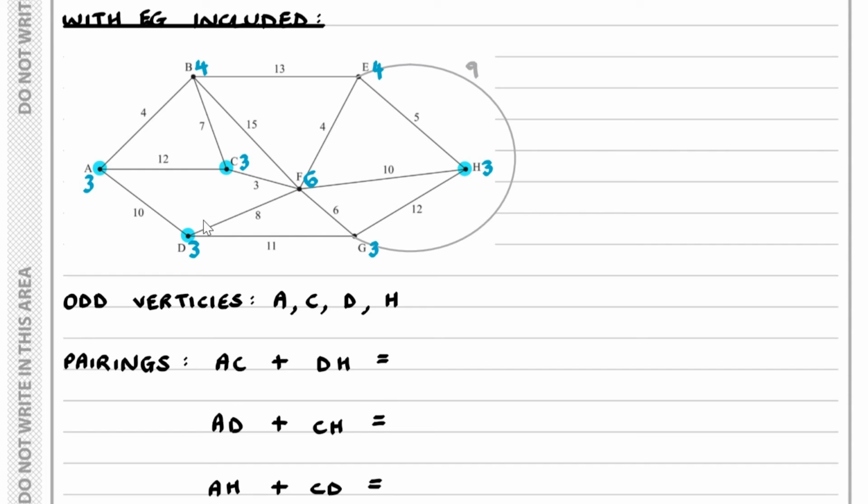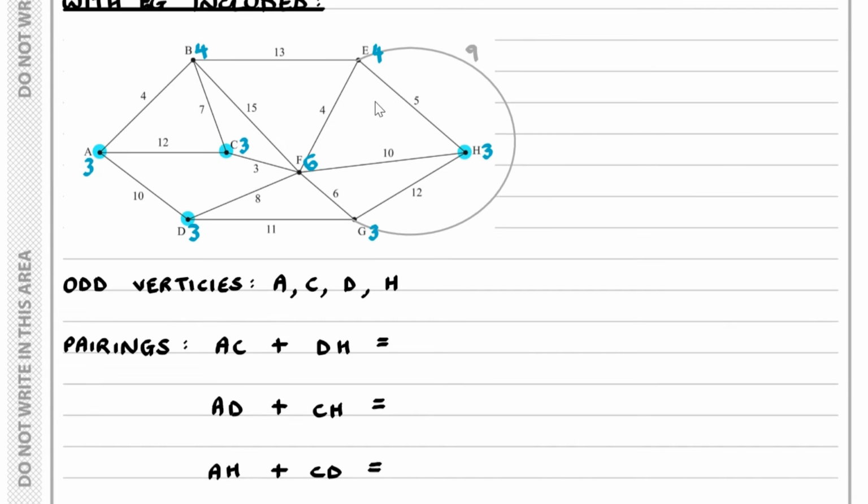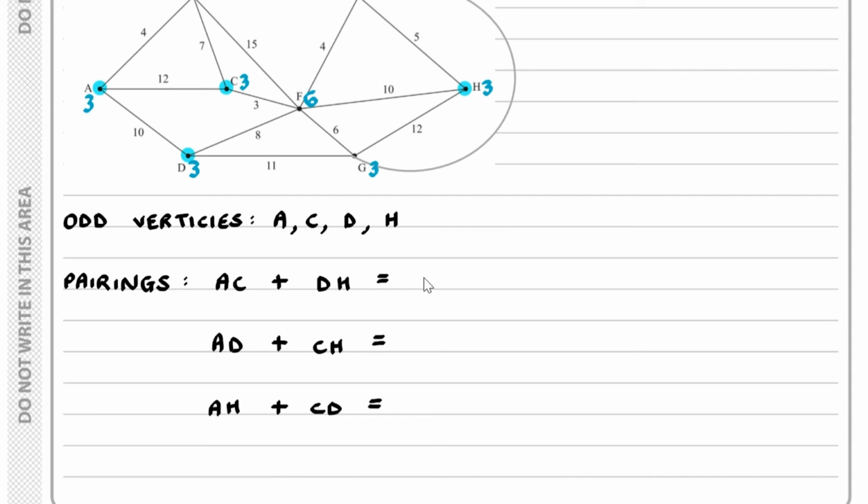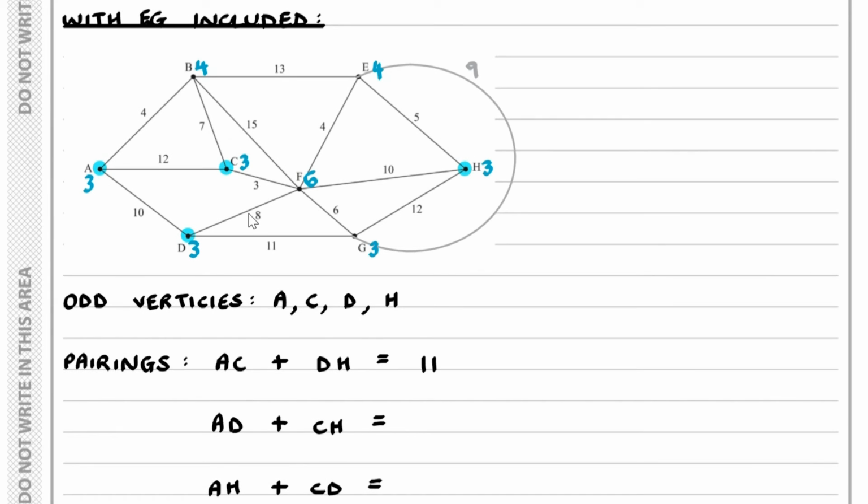So A to C, that's just 11 because we've got the 4 plus the 7. And D to H will be given by 8 plus 4 plus 5, which is 17. So that's the shortest way.